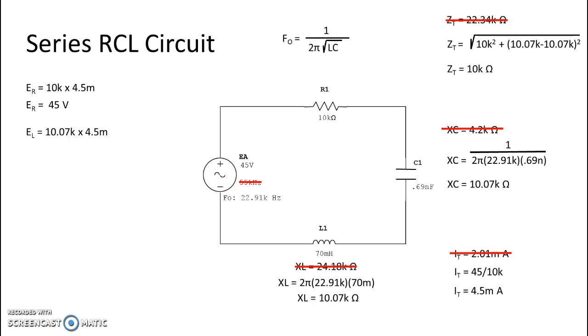So if I make current where I am pivoting off of, and I look at the I that is common to both of them, I see that voltage for my inductor leads by 90 degrees, and voltage for my capacitor lags by 90 degrees. So at any particular time, my two voltages are 180 degrees out of phase. So they cancel each other out.